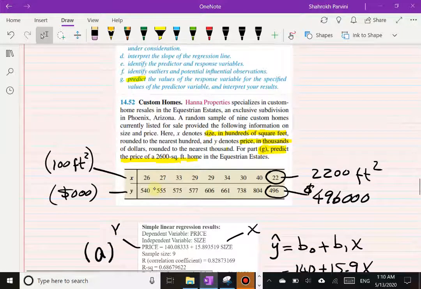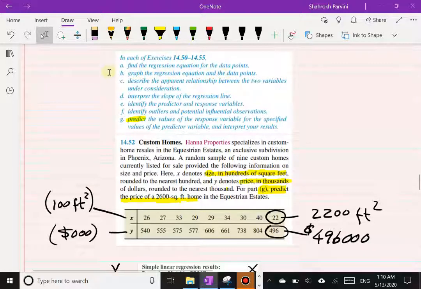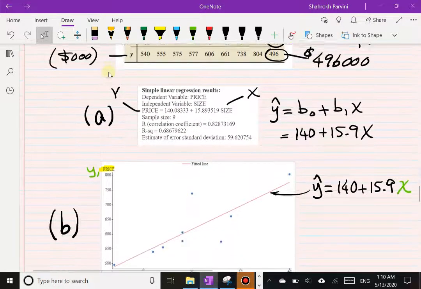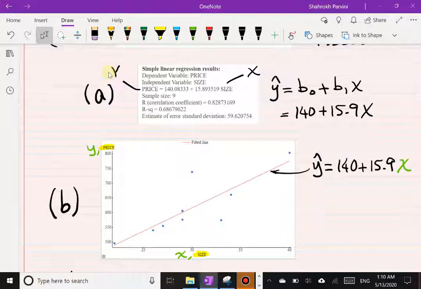That was part A. In part B, it reads, graph the regression equation and data points. Again, StatCrunch did it right in here. You can see the apparent relationship seems to be linear, sort of, but it would be nice if it looked like this, right? But it didn't.